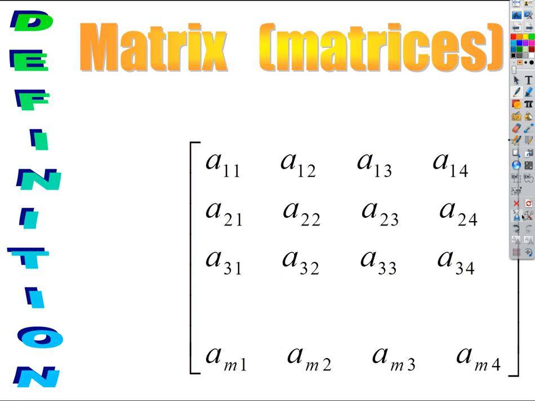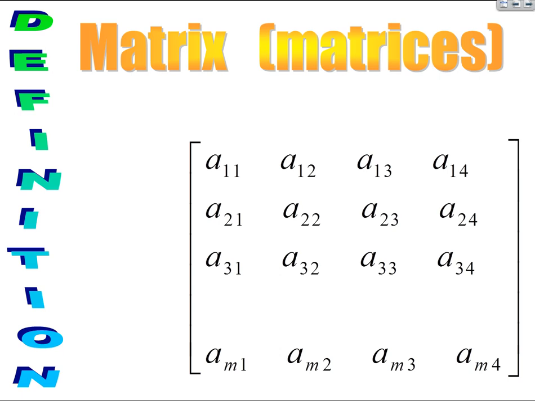A matrix is a collection of these elements, and we divide a matrix up into rows and columns. The rows are the horizontal collections of elements. There's row 1, there's row 2, and then column 1 and column 2, etc. When we want to define the elements of a matrix, we always give them two numbers, two subscripts.